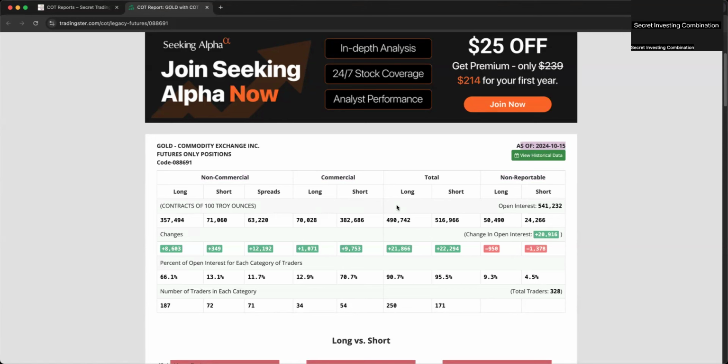What this report shows us is the positions of these three categories right here. These guys are the producers. When I'm talking about producers, I'm talking about people that have mining licenses, people that mine gold. They do their feasibility studies, whatever it is they do in the background, and they use that to make judgments on what they're meant to do in the market.